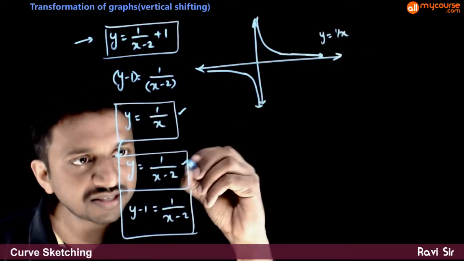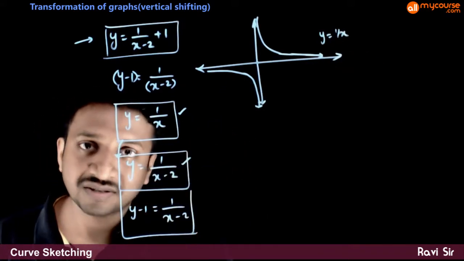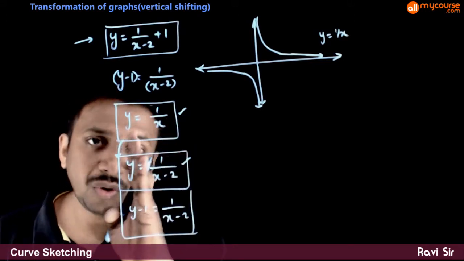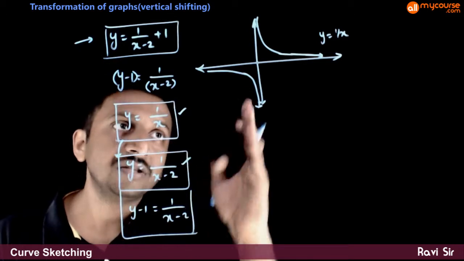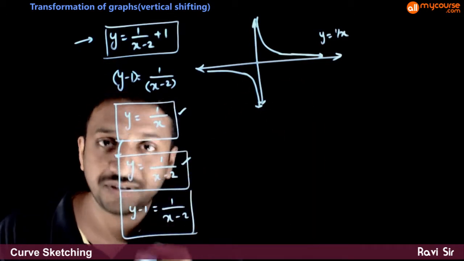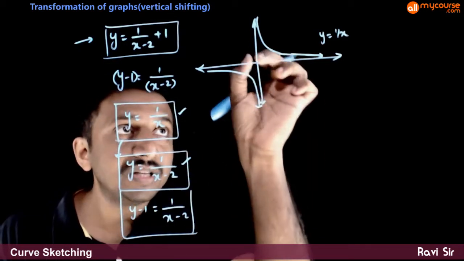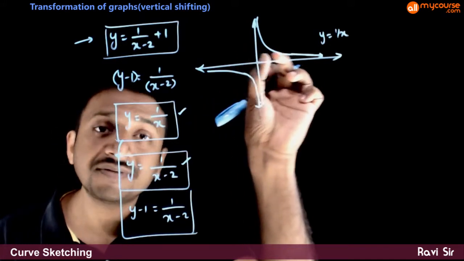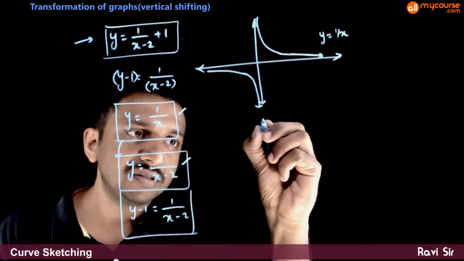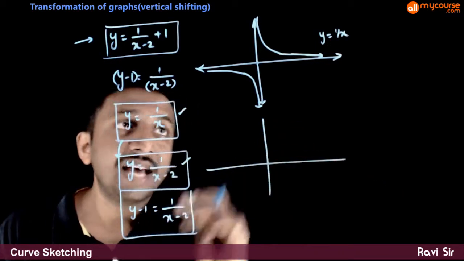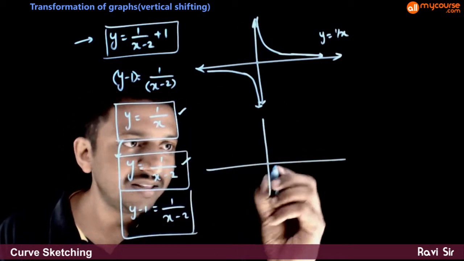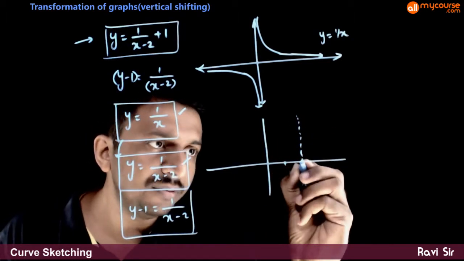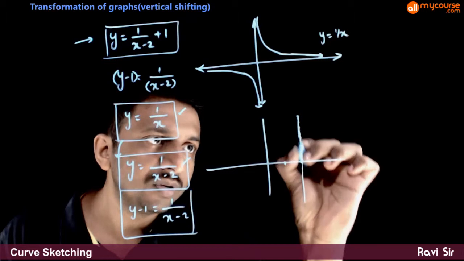So now let us go from this to this. This graph can be obtained by shifting this graph 2 units forward. So this asymptote, which is the y-axis, also shifts 2 units forward. So this time the asymptote will not be the y-axis. The asymptote will be x is equal to 2.